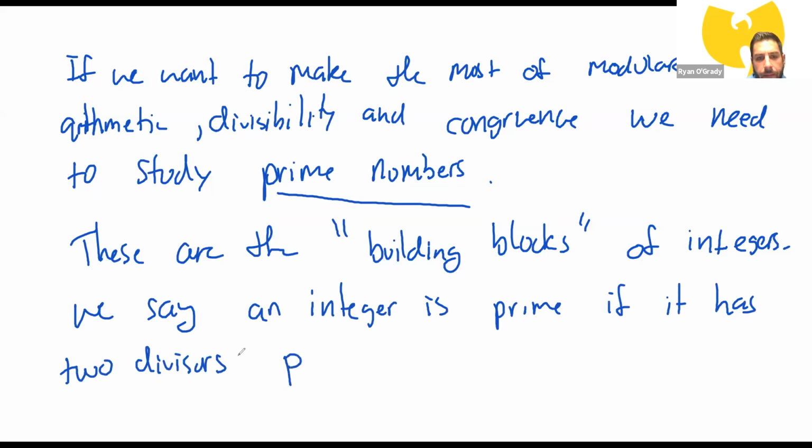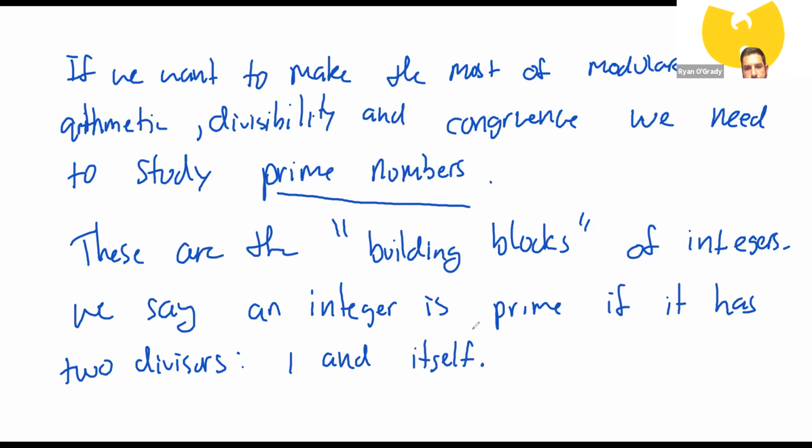The only way a number can be prime is if it has two divisors, one and itself. So inherent in this is that you can't have negatives.